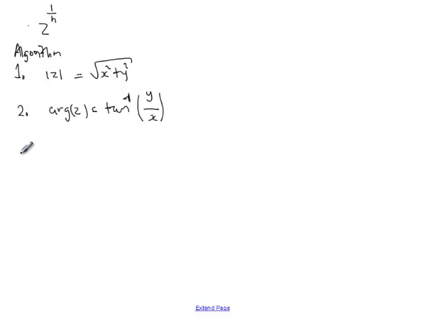Then step number 3, you must express z in the form in which it comes. That is the formula.